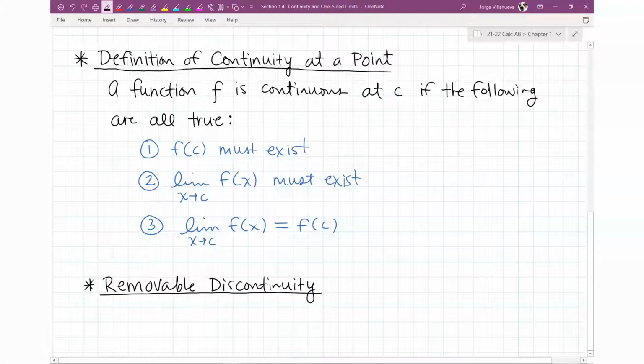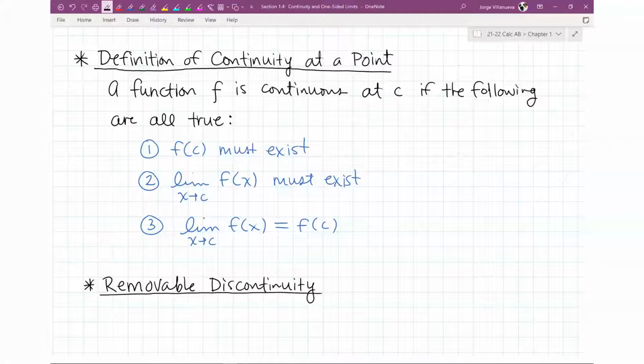They see water coming out of a little hole. What do they do in the cartoon? Well, they plug it up, usually with their finger first, right? Because it's silly. Then another one pops up, then they plug the other finger, and then their whole hand, et cetera, right? So this is kind of like the idea of removable discontinuity.